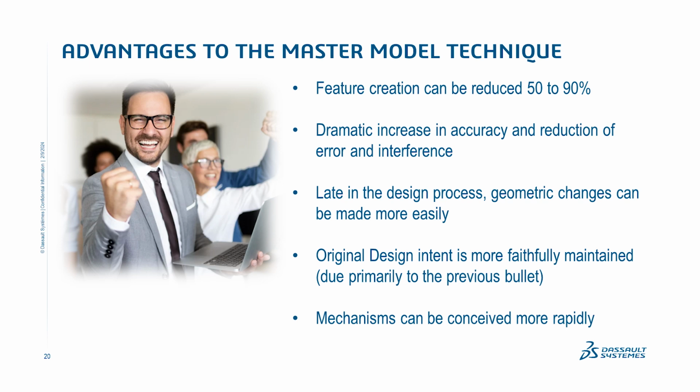Along with that, you're increasing the accuracy and the reduction of interference, because in the master model, all those quasi parts, I call them quasi parts because they're bodies that eventually become parts, they're associative to each other.